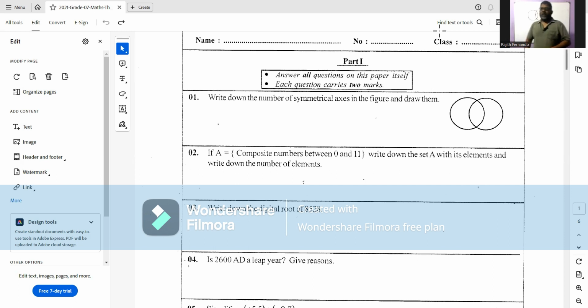Then, first of all, I need to introduce myself. I'm one of the mathematics teachers with English medium from Gurunagala Leading International School. I'm from the international school. I think my name is Rajan Fernando.